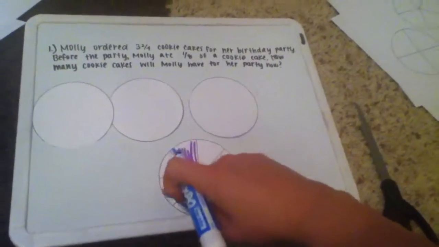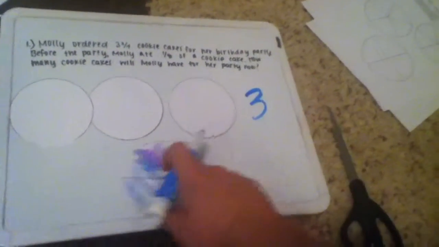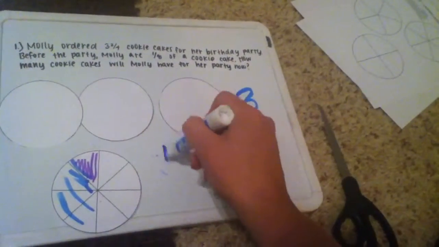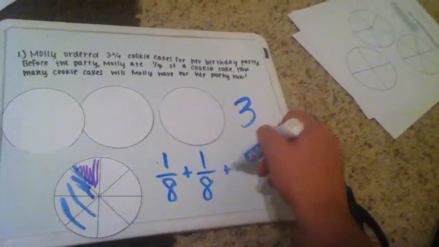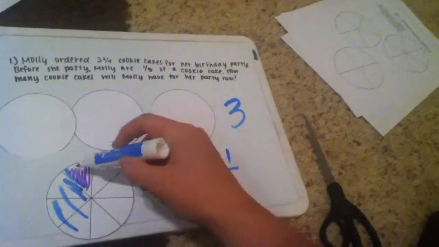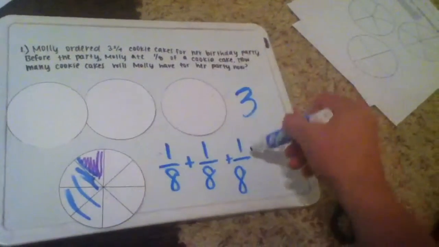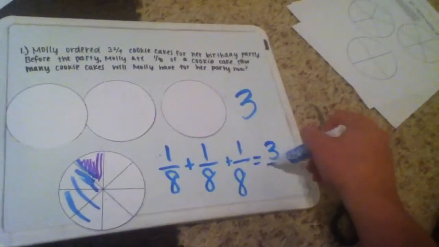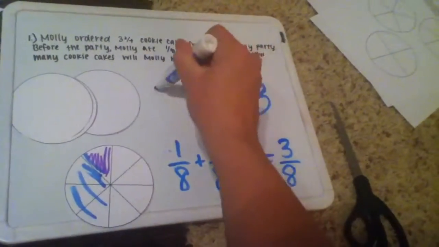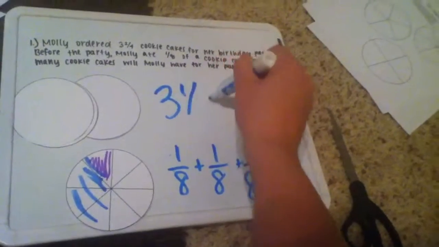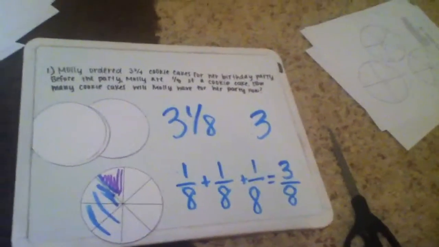So we have 1, 2, 3. We have 1/8 plus 1/8 plus 1/8, because this 8th doesn't count because this is the piece she ate. So that equals 3/8. So our total for this problem is going to be 3 3/8 cookie cakes left over for her birthday party.